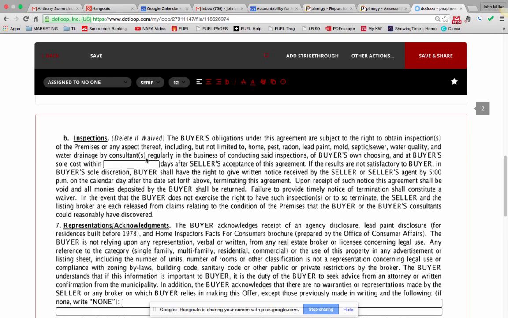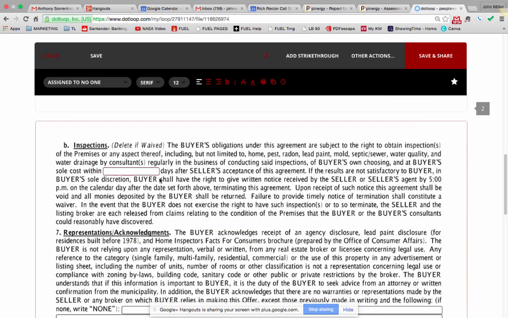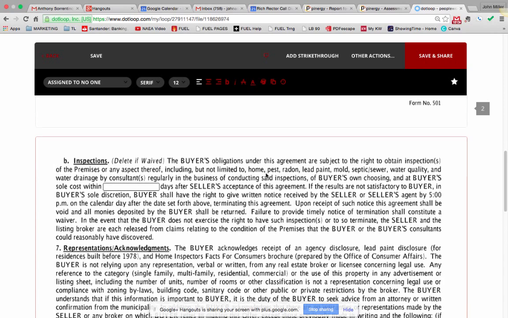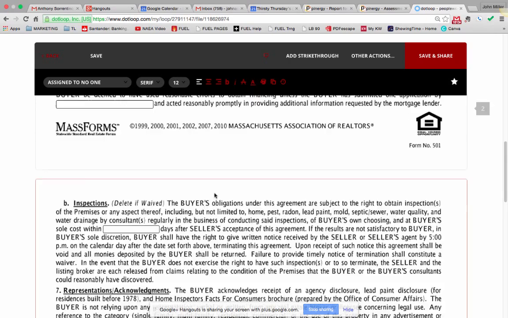If the buyer is not going to do inspections because they're in a competitive situation and they want to get the property and they're not worried about the condition of the property, they're comfortable moving forward, they don't have to do a home inspection. So they can delete it, and they can waive the home inspection if they want, and you could just write right across the top of here waived, or write delete, whichever you want.